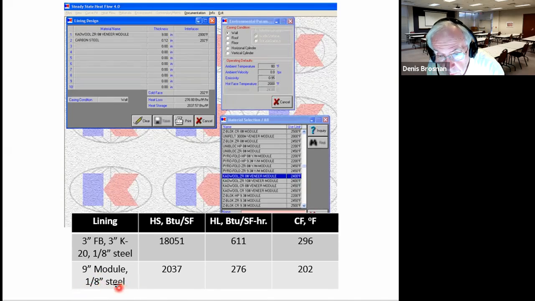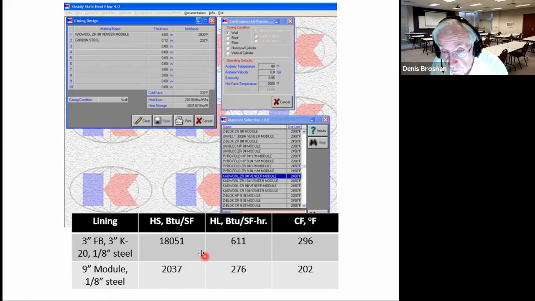And you can see the heat loss is dramatically different. Excuse me, that's heat storage right there, 18,000 or so BTUs per square foot, whereas with the fiber, I'm down about 2,037 or thereabouts.